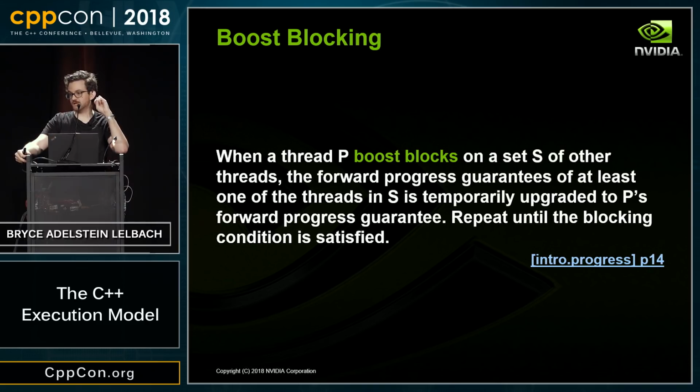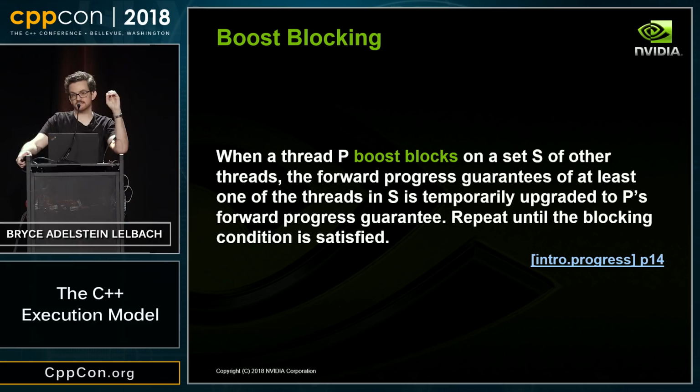Each one of those threads grabs one of the first 2 tasks that block, and they spin waiting for that last task. And then I have some other concurrent execution agent that goes and boost blocks on this queue, and it grabs the other task that blocks. And it also doesn't make any progress, because I have 3 threads now waiting for this 4th task, and there's nobody to execute it.